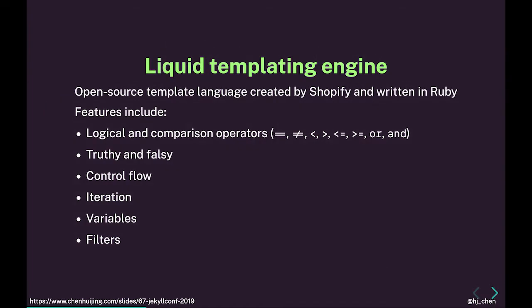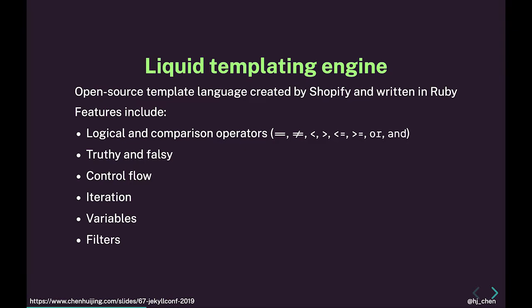Now, like most self-respecting templating engines, there are numerous functions to add logic to your templates. We've got the basic logical and comparison operators. So equals, not equals, less than, greater than, inclusive. We've got an or, we've got an and.